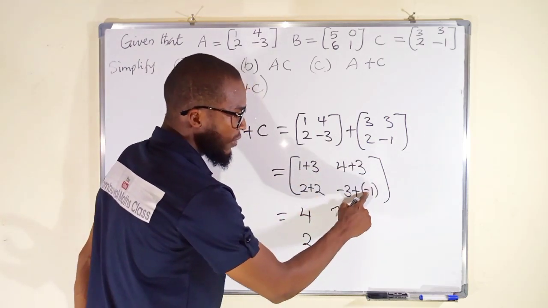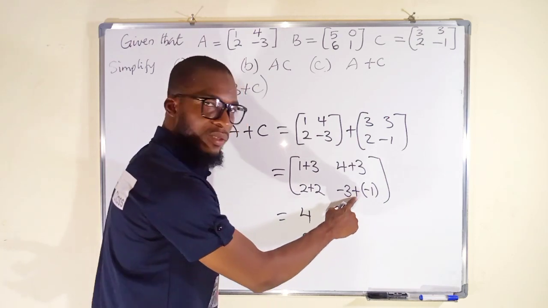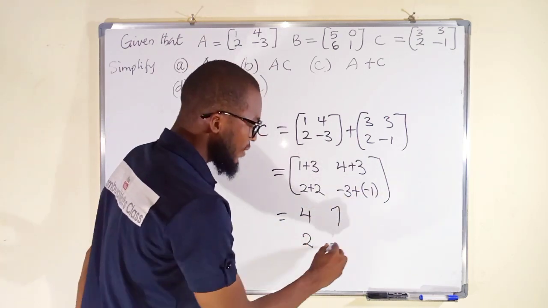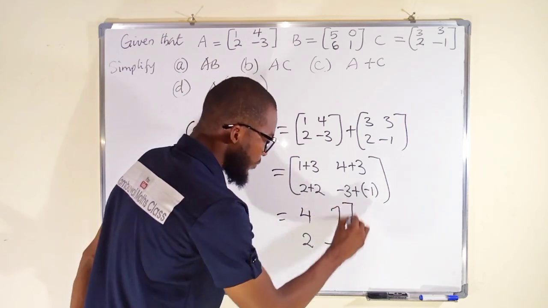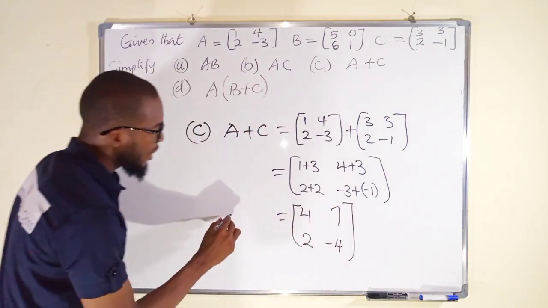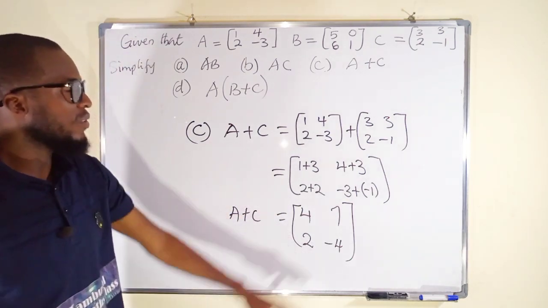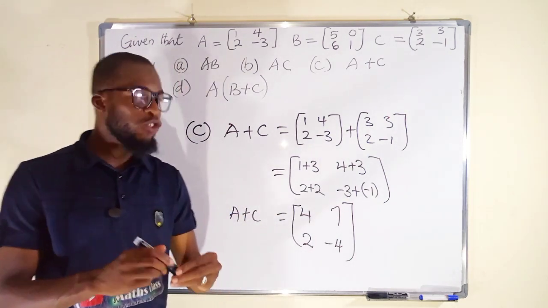This negative is going to overpower this positive sign, so we have -3, -1, which is -4. Finally, this is what we have as A plus C, a new matrix of the order 2 by 2.